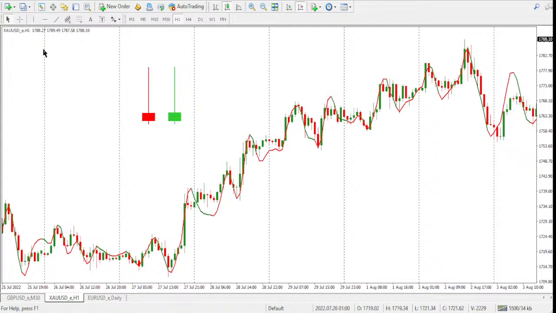A bullish pin bar is the opposite of the bearish one, so the color is not significant in this case. So this is a bearish pin bar. This is a bullish pin bar. The one I'm drawing now, this is a bullish pin bar. Notice they look almost exactly the same, but the color is different.